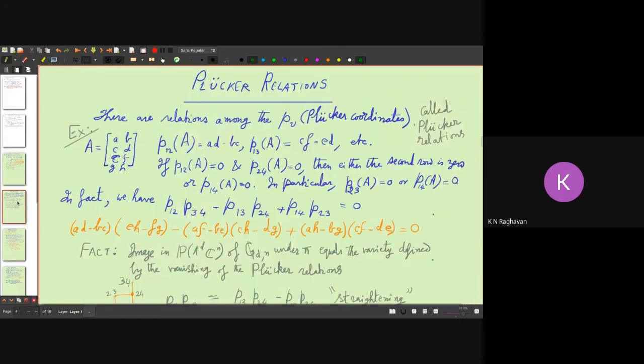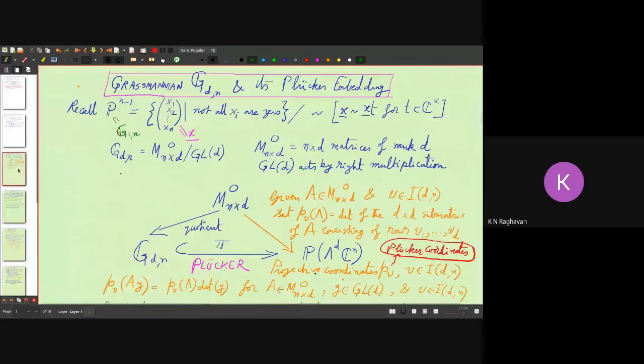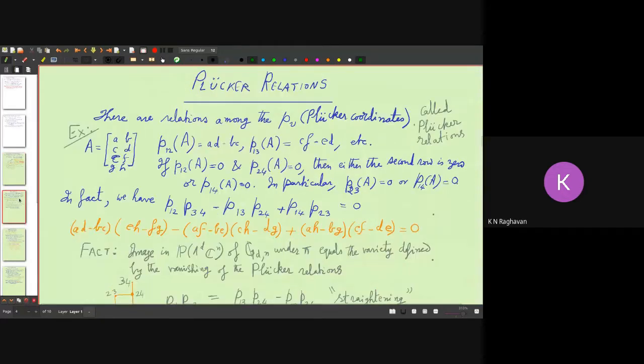Okay, so let us talk about the Plücker relations. So this is an embedding, and there are some relations that the image satisfies, and these are the Plücker relations.